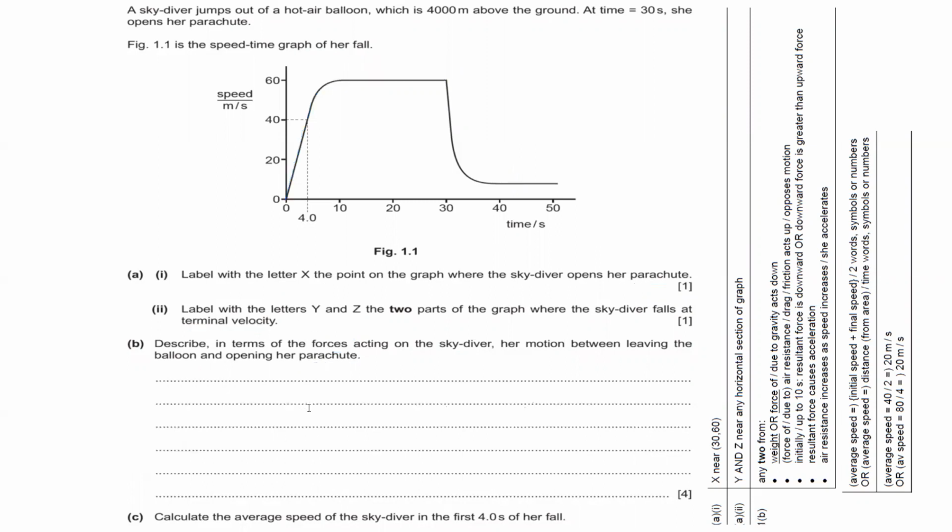Okay, the next part, calculate the average speed. So for average speed, the last part, part C, average speed is the total distance divided by total time.